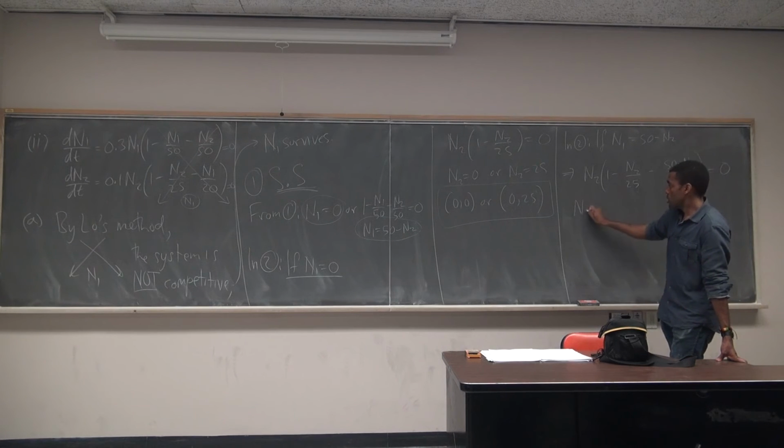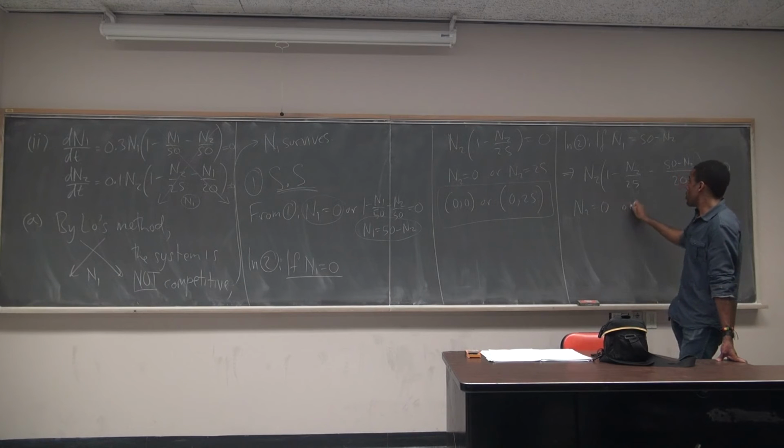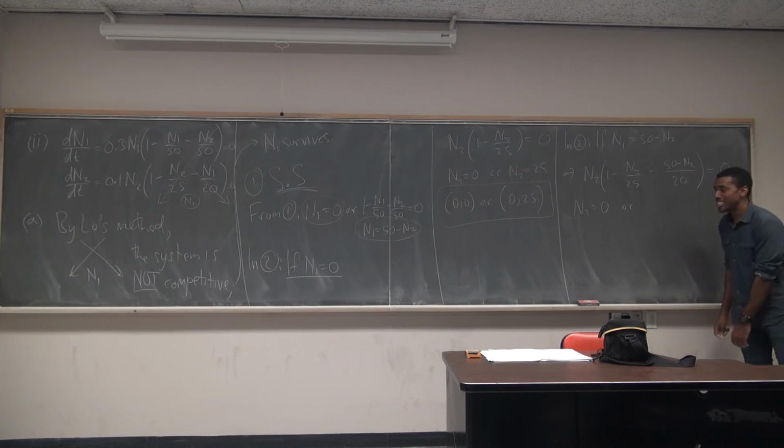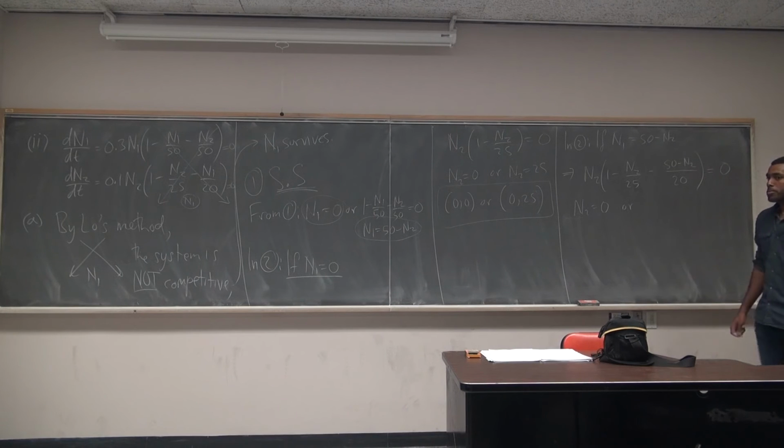So now, either n2 equals 0, or this whole thing equals 0, which I could multiply by the LCD of 25 and 20. 100 is the LCD of 25 and 20. So I'll multiply this whole thing by 100.